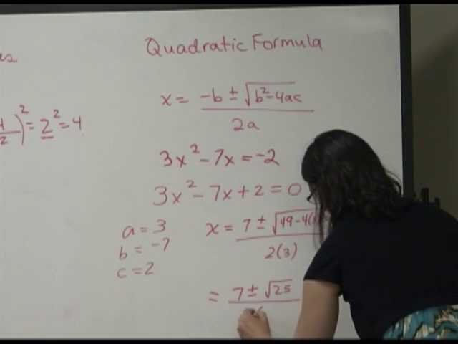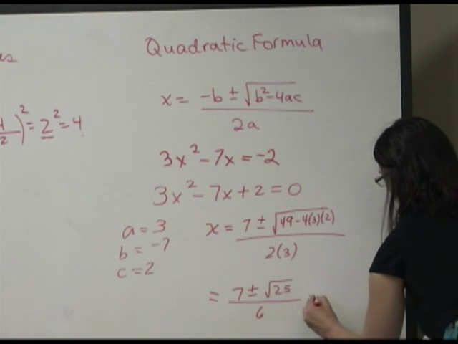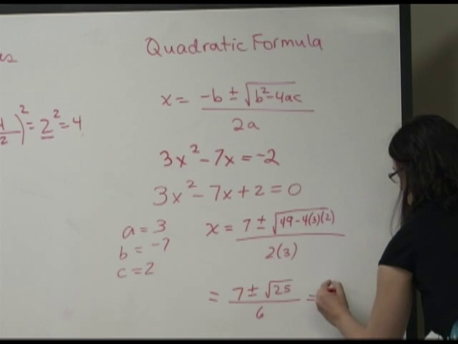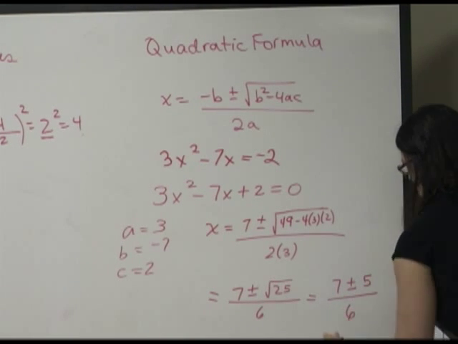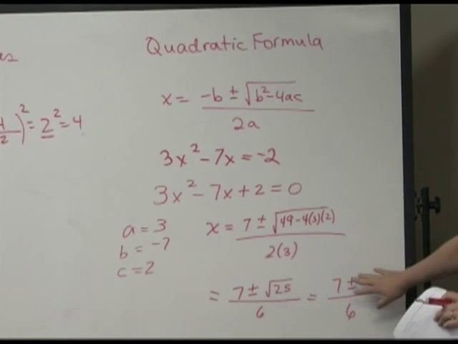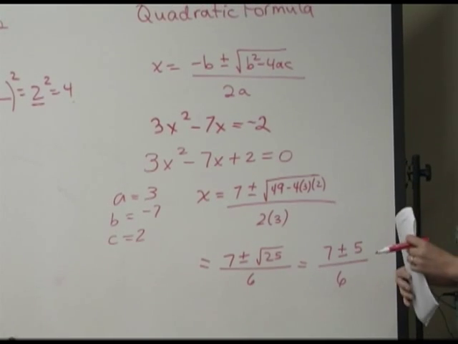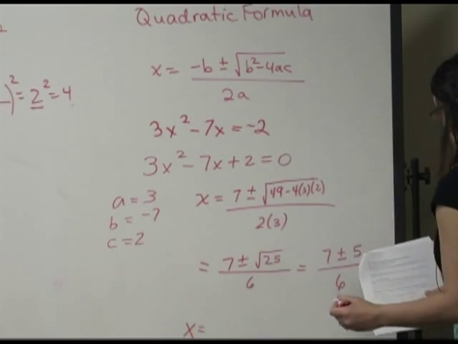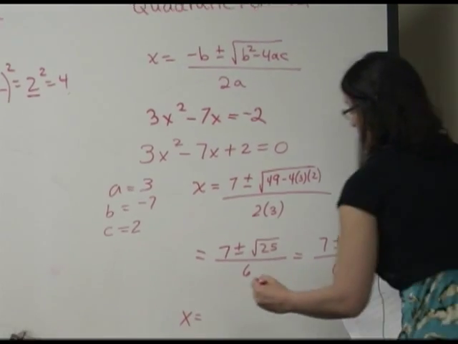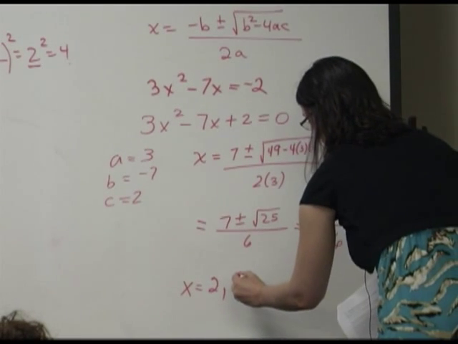Over 6. Equals 7. So I have two answers here, right? 7 plus 5 over 6 and 7 minus 5 over 6. So I have x equals 2. 12 over 6 is 2, and 2 over 6 is what? 1/3.